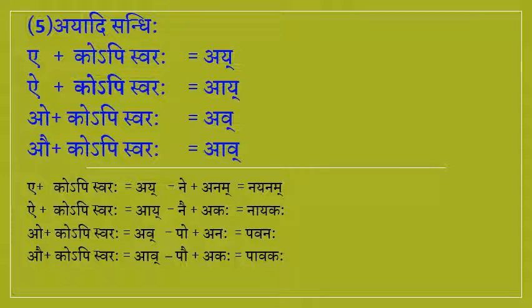When we put together, it becomes nayanam. Another combination is nai plus akaha, nayakaha. We brought ay here. And po plus anaha, pavanaha. We brought av here. Pau plus akaha, pavakaha. We brought av here.